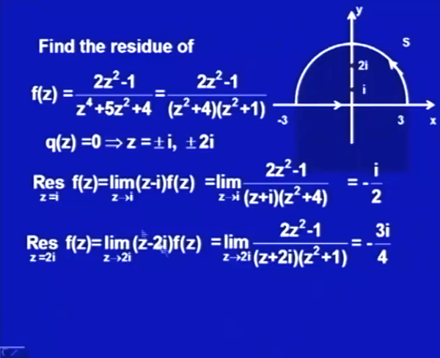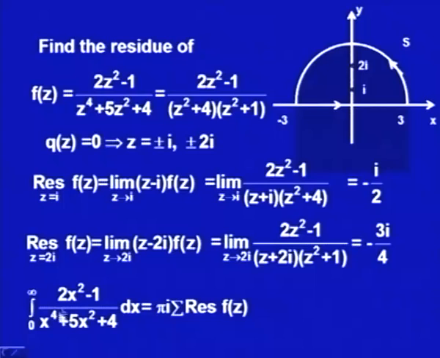Now, let us use that Cauchy principal value formula. So, the integral 0 to infinity (2x² − 1)/(x⁴ + 5x² + 4) dx could be given as, the formula says πi times the sum of all the residues which are in the upper half plane. We have got two poles in the upper half plane, both are simple poles.